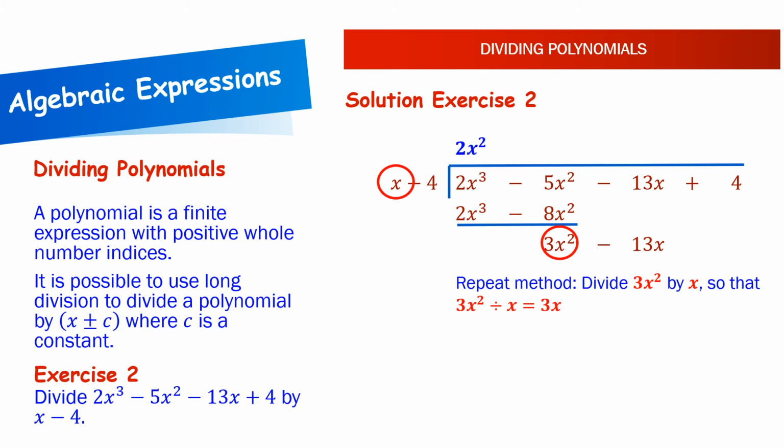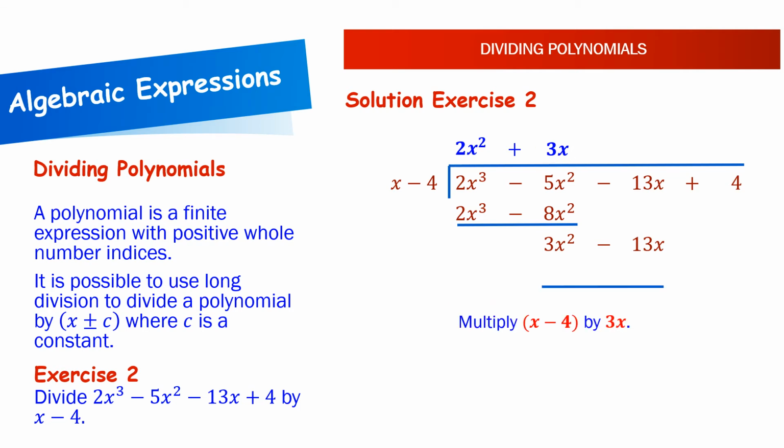Divide 3x squared by x, so that 3x squared divided by x equals 3x. And position the 3x here. Now multiply x minus 4 by 3x, to give 3x squared minus 12x.